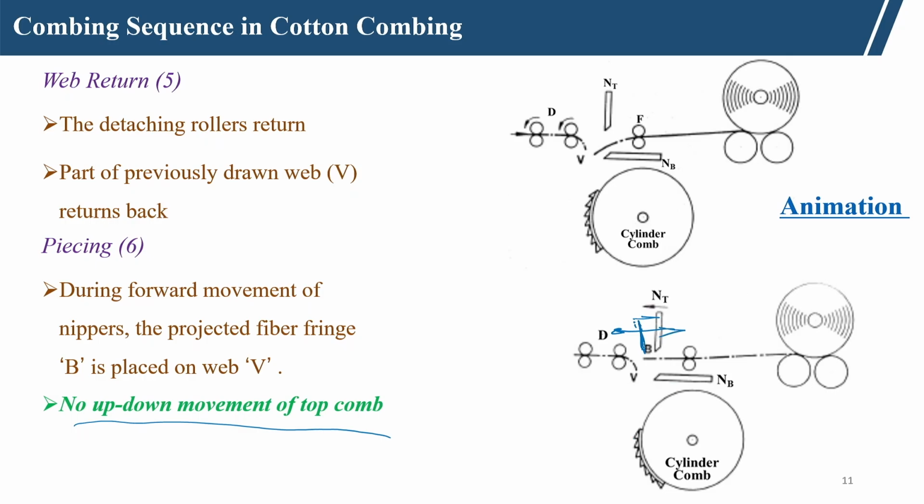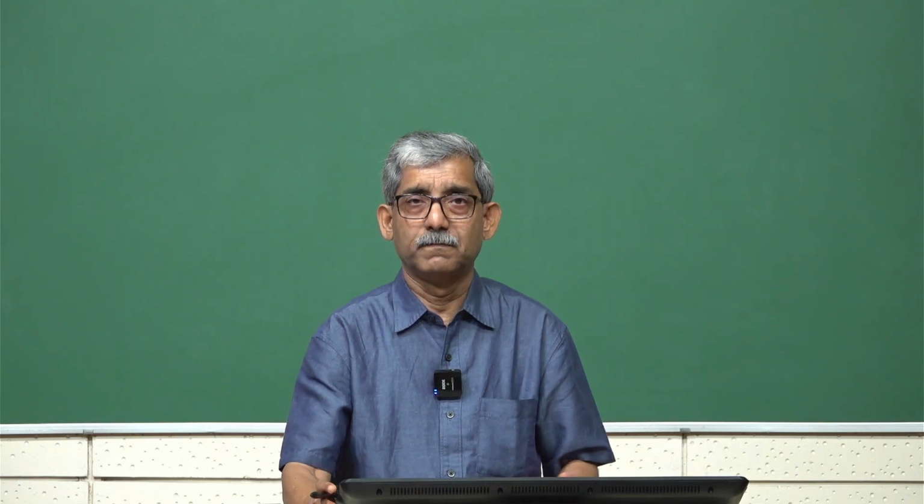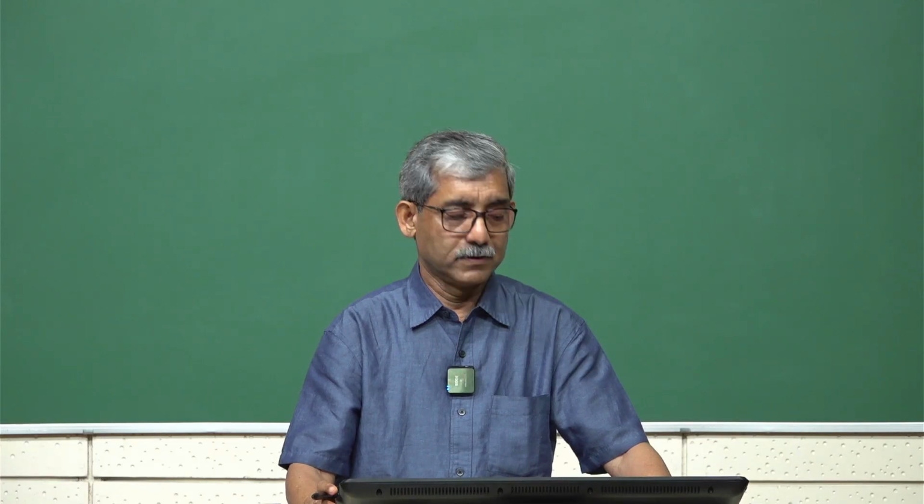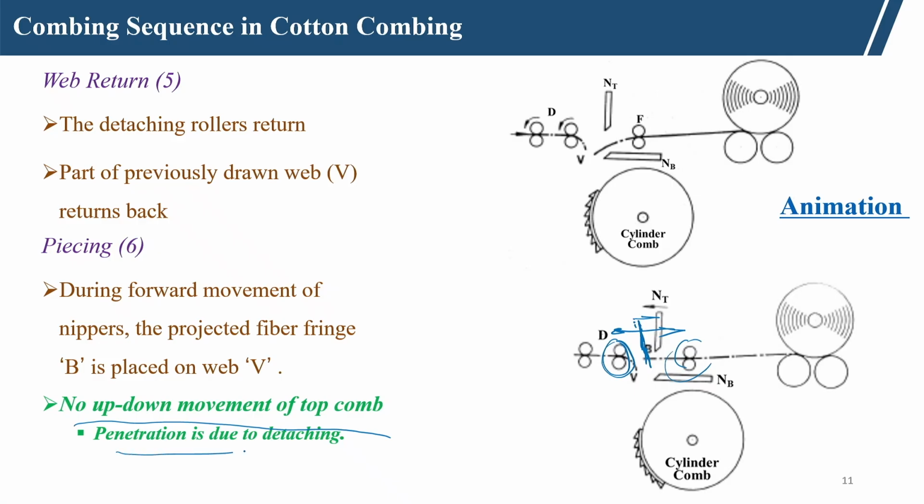But due to the setting of the nipper point and the feed plate or feed roller, the nipper setting, the newly combed fringe will be pulled through the top comb. Penetration is due to detaching. The detaching setting is a little bit higher, so it will be pulled through the top comb.